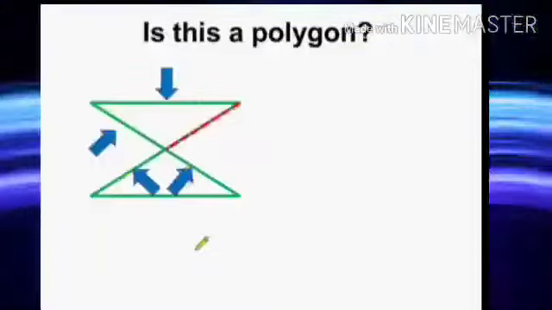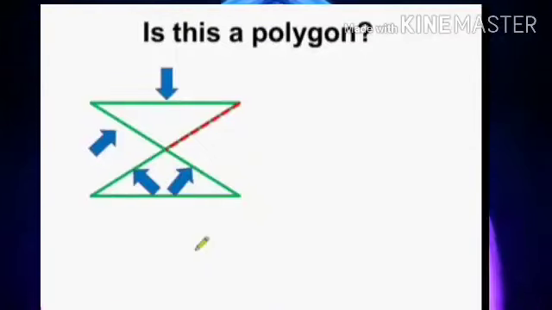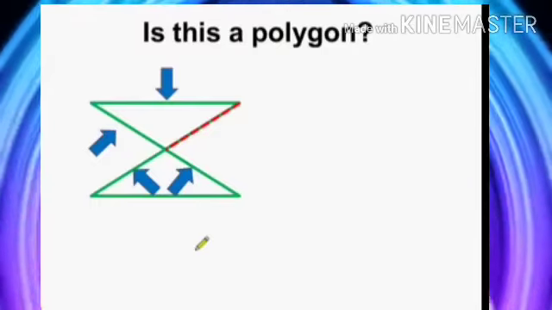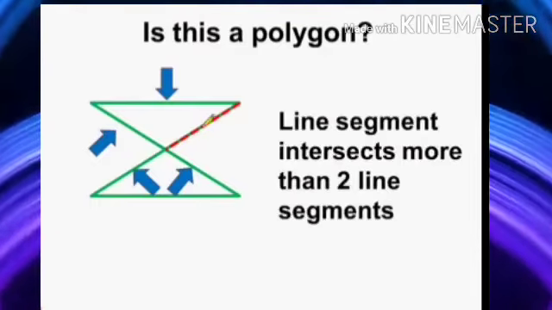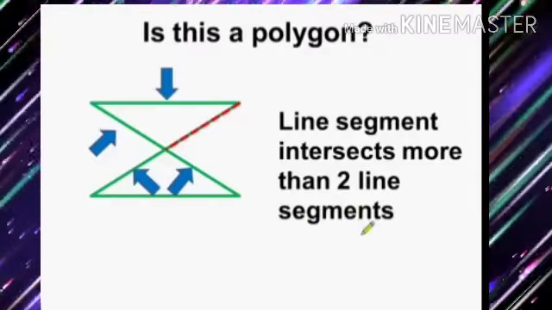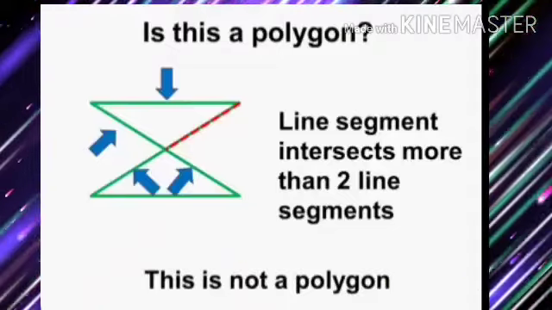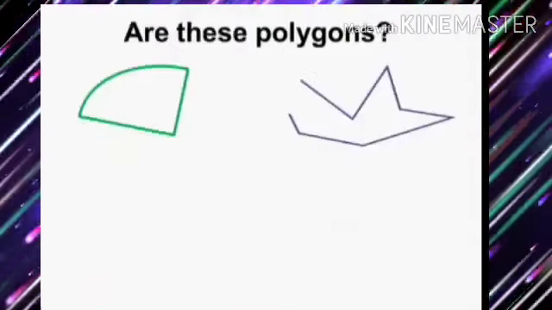So it is not possible to have this figure as a polygon. Isn't it so? That line segments intersect more than two line segments. So you can easily find out whether a given figure is a polygon or not. And this is not a polygon.